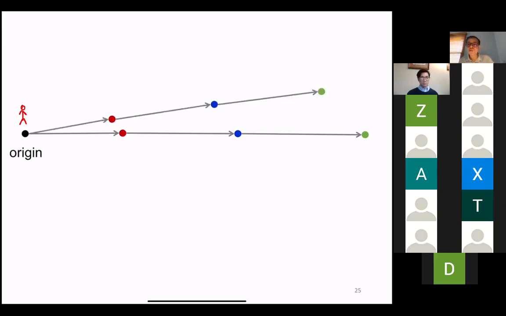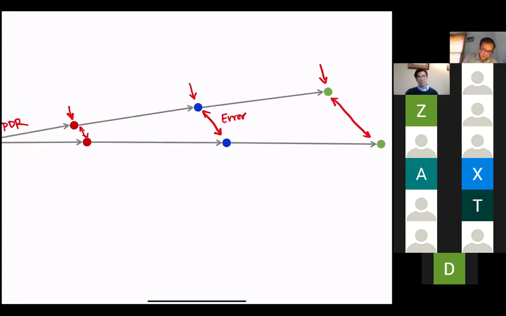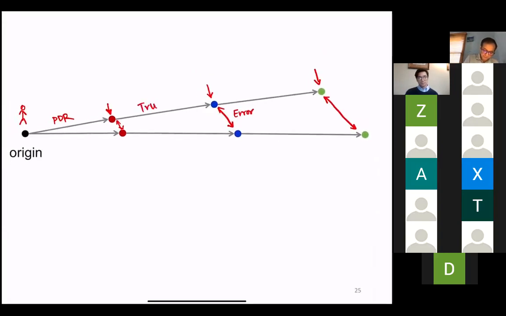But when one person walks, his PDR diverges this way, and he thinks he has encountered landmark red over here, encountered landmark blue over here, encountered landmark green over here. So observe that the error is growing. Right? Because PDR error will grow over time. So this is the true path. The PDR path.